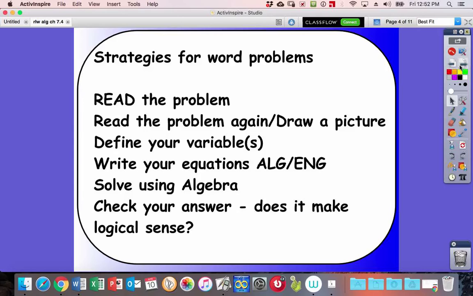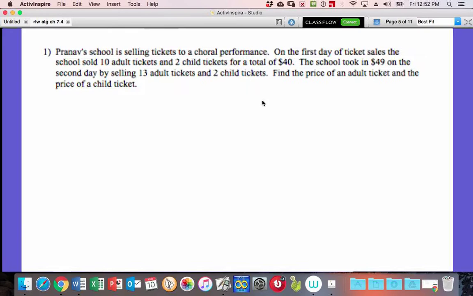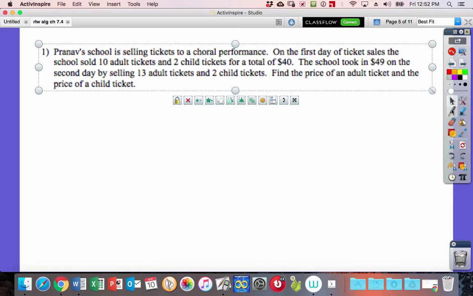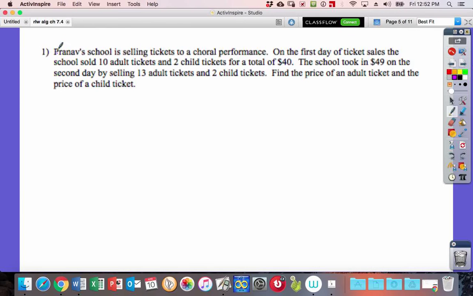Okay, so the first one, and I've already decided this, I'll never pronounce that name correctly, so I am going to change this to Jane. Okay, so Jane's school, I'm going to read it out loud. Jane's school is selling tickets to a choral performance.